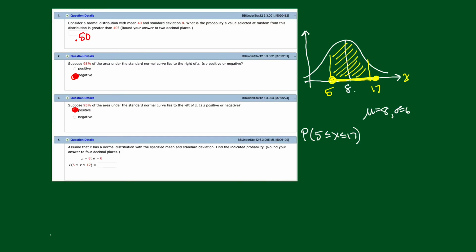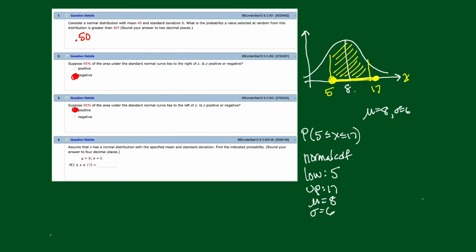Now I'm just going to say where to go, right? You're going to go to normalcdf: the lower bound, that's the 5, the upper bound, that's your 17, the mean in this problem is 8, standard deviation is 6, so type that in, paste, and calculate.